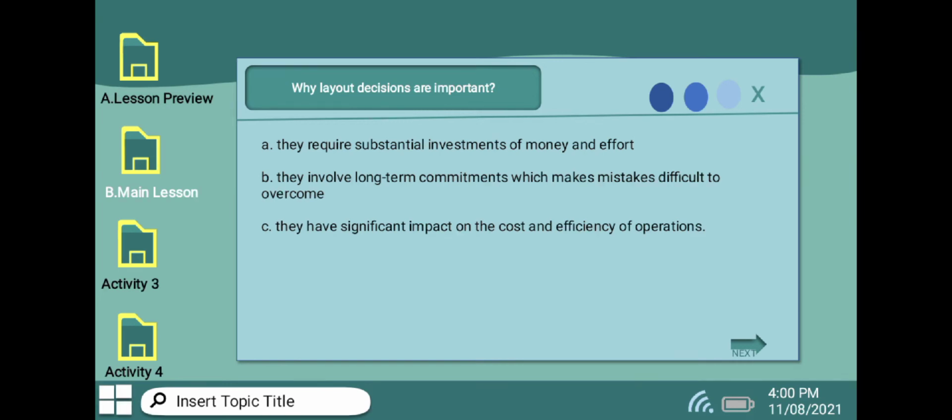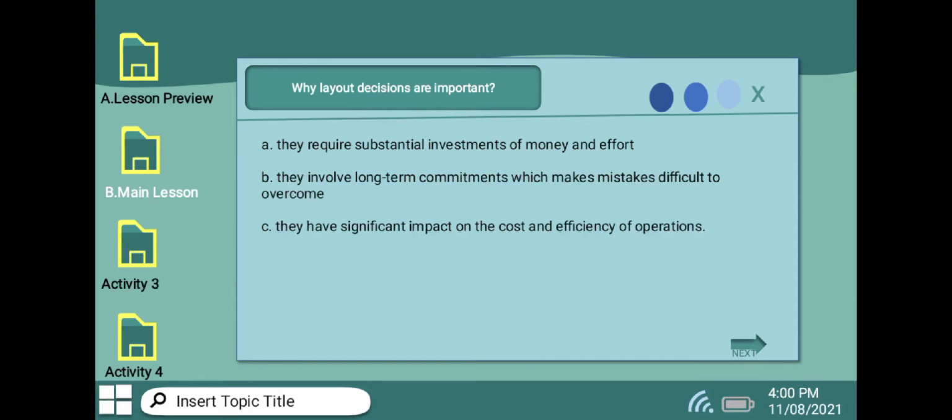B. They involve long-term commitments which make mistakes difficult to overcome. Ito daw ay nai-involve tayo sa long-term commitments na kung saan ay nakakagawa tayo ng problema or kamalian na mahirap malagpasan.